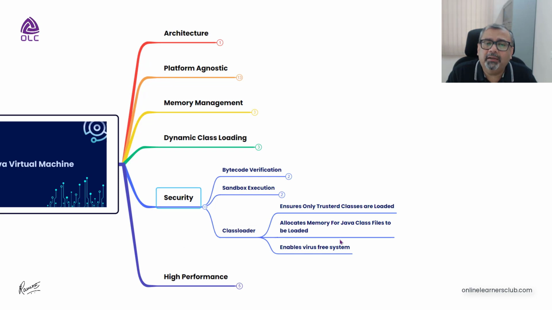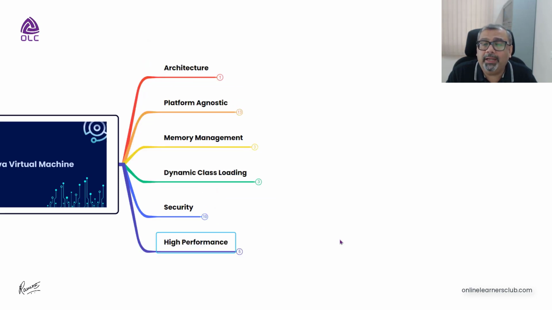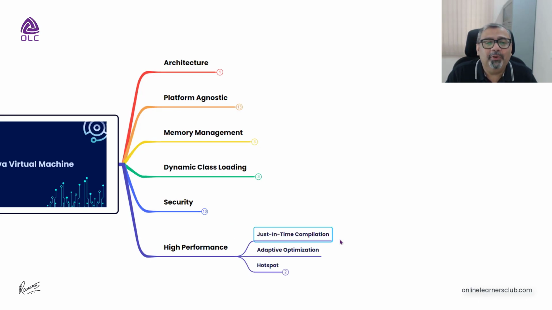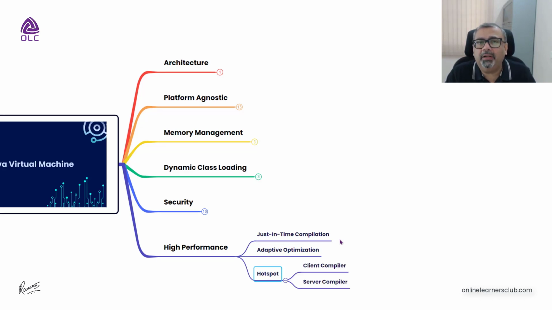In addition to security, we have another important responsibility for JVM, which is of course performance. It has JIT compilation, or just-in-time compilation, where a lot of optimization routines and heuristics are implemented to ensure that bytecode is compiled into machine code as quickly as possible and helps in delivering the best performance. In addition to this, the HotSpot JIT compiler brought in two variations of compilation.